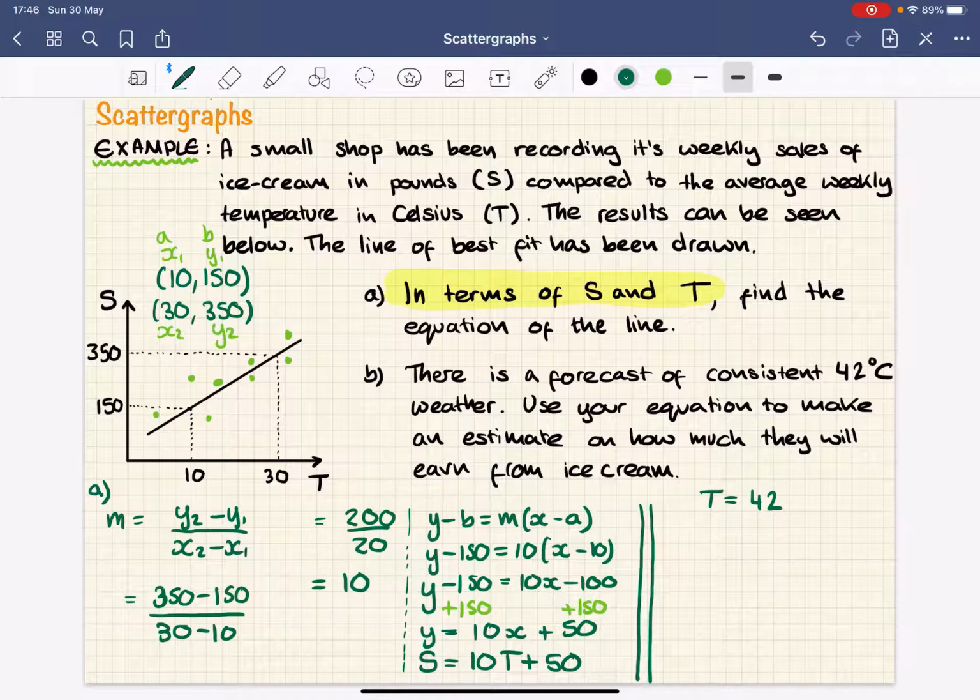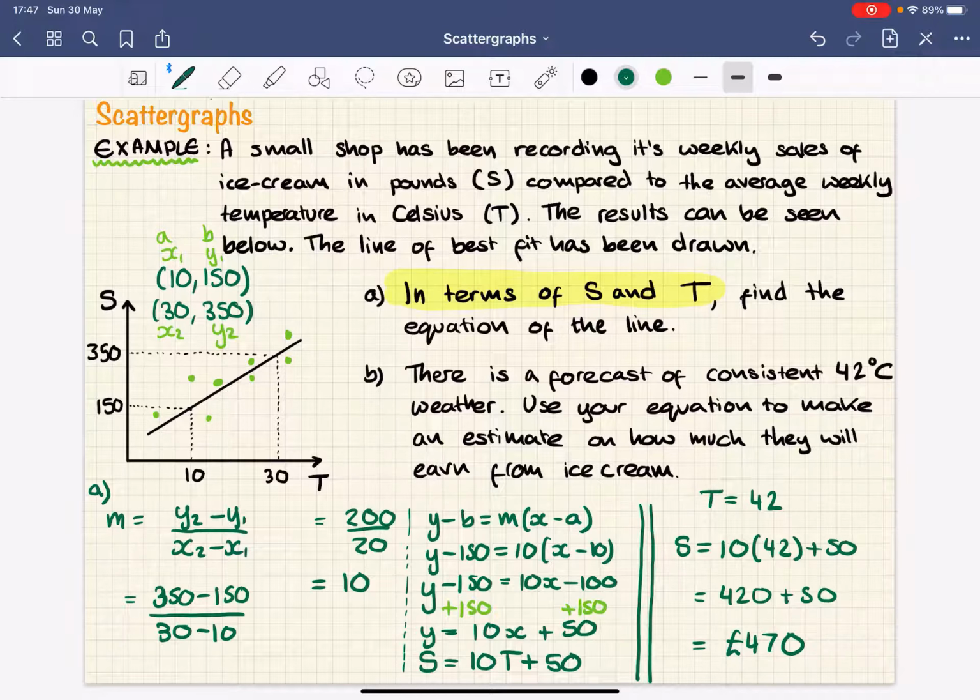Using my formula, I don't know what S is, my T is 42, and then I'll just start working through that. So 10 times the 42 is 420 plus the 50. And that's going to give me a final answer of £470.